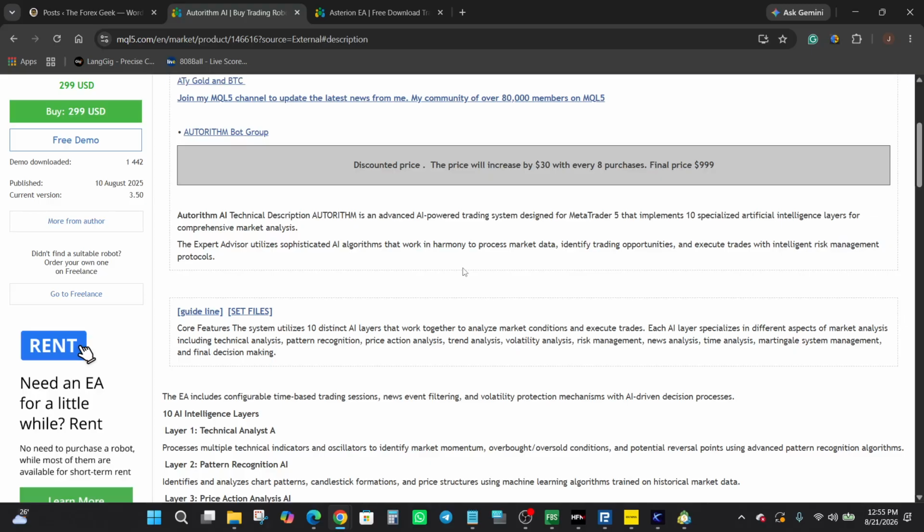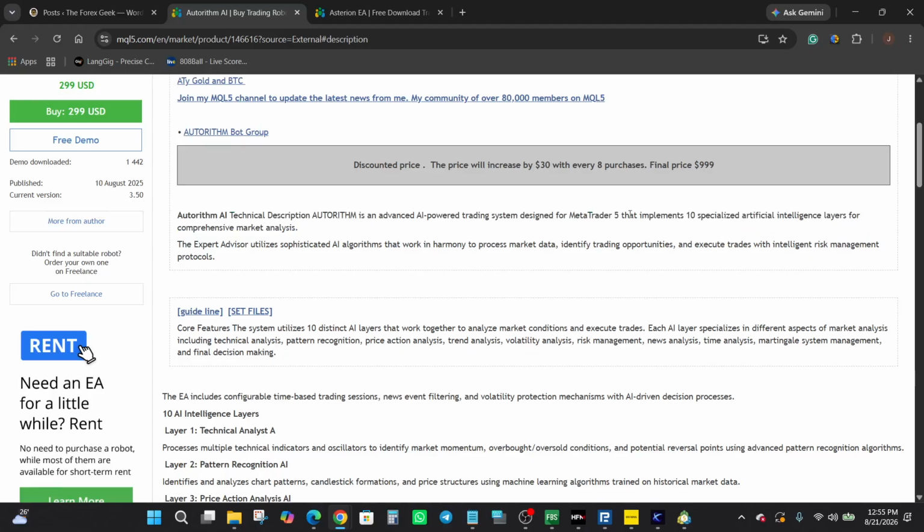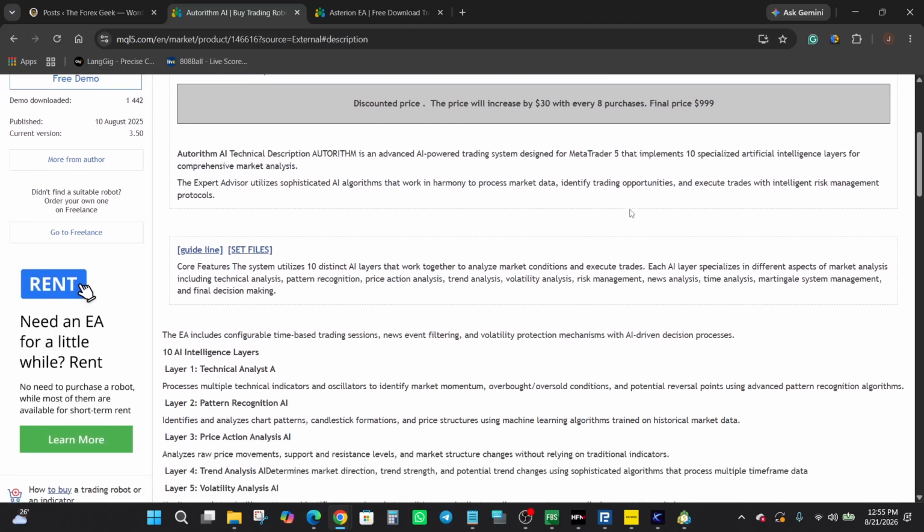The main selling point here is the use of what the developer calls 10 specialized AI layers. According to the listing, these layers work together to analyze market conditions, identify trading opportunities, and execute trades with what the developer describes as intelligent risk management.